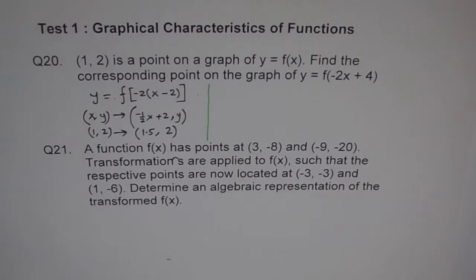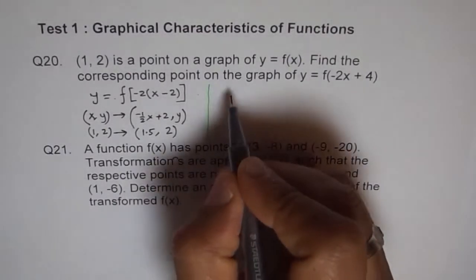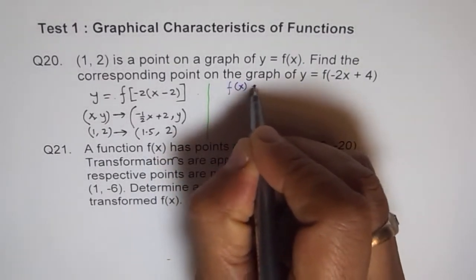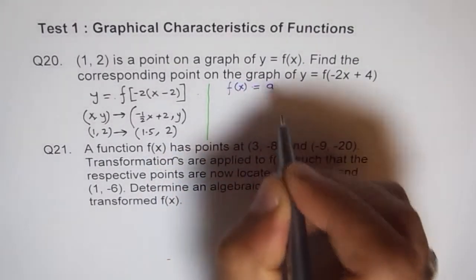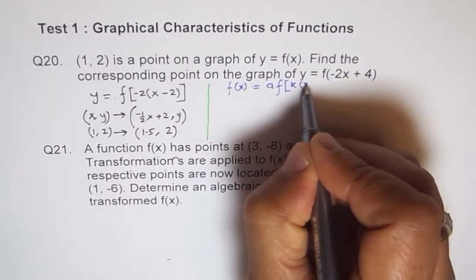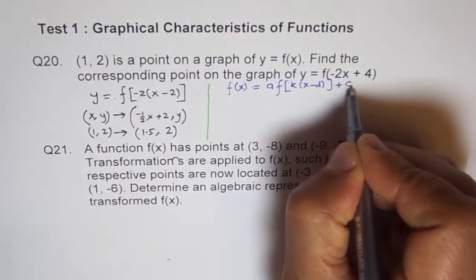Now let us say that the transformed function's general equation is f of x equals a times f of, within brackets, kx minus d, plus c, correct?